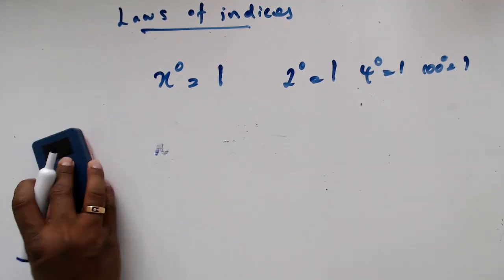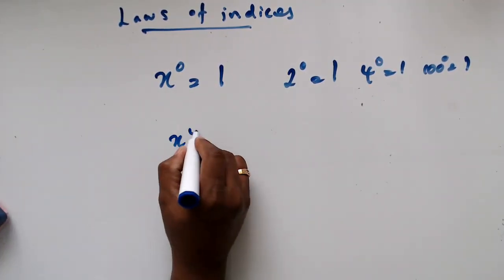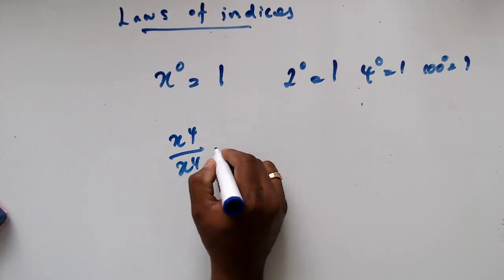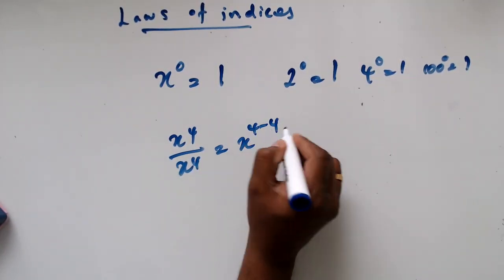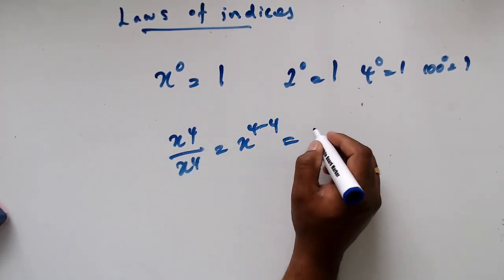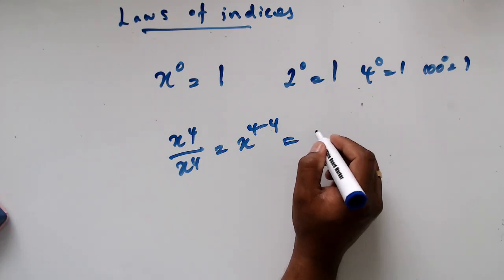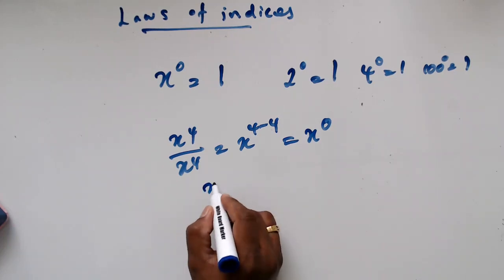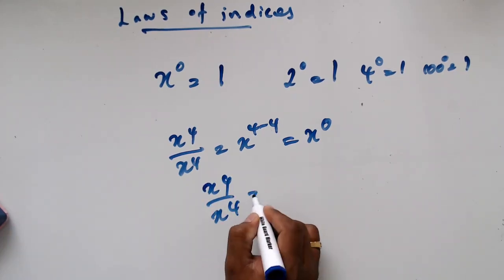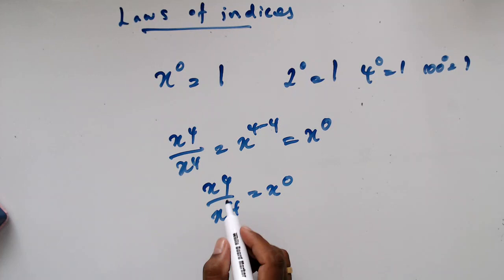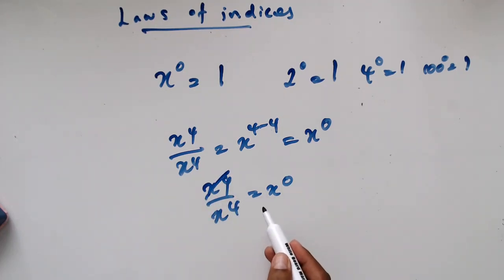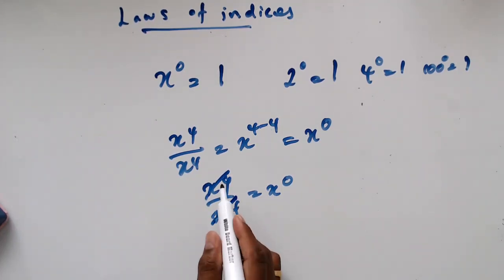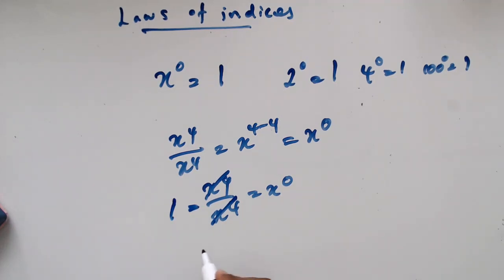Likewise, x^4 divided by x^4 is x^(4-4), which is x^0. So x^4 divided by x^4 is x^0. But we can cancel out x^4 and x^4, and when divided the answer is 1. So this is a way of looking at it.